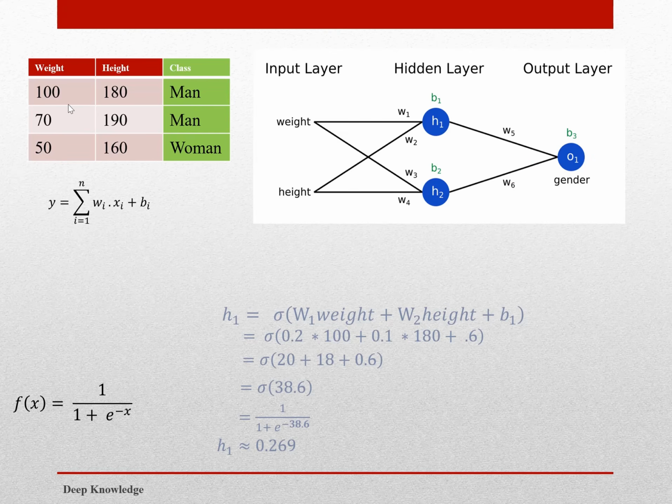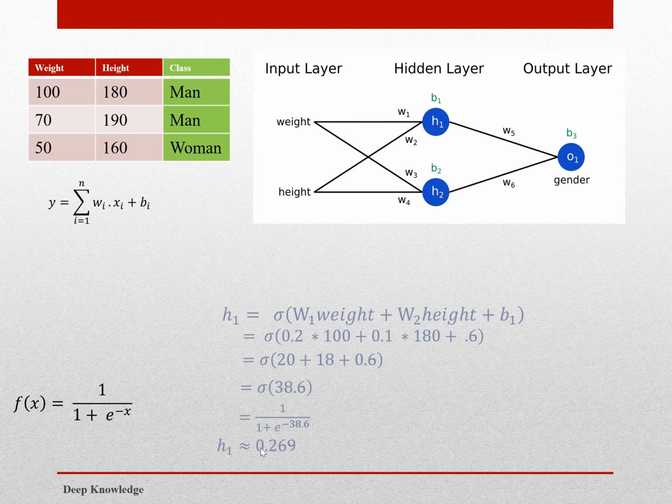This is only for explanation of how the activation function works. This is a normal equation. We'd like to find h1, this one here. This is the value 38.6 before the activation function. If we apply the sigmoid activation function, the value will be like this, the probability, 0.2.